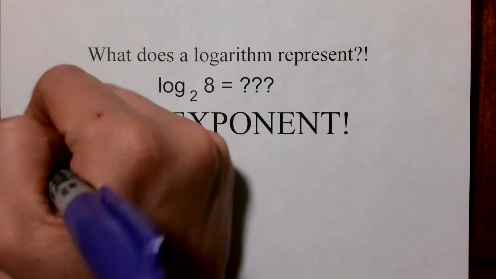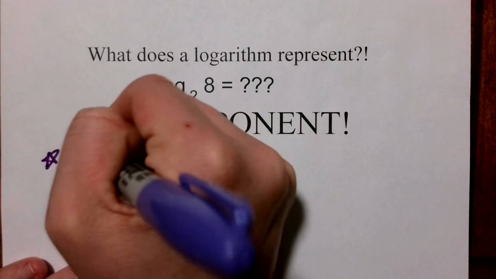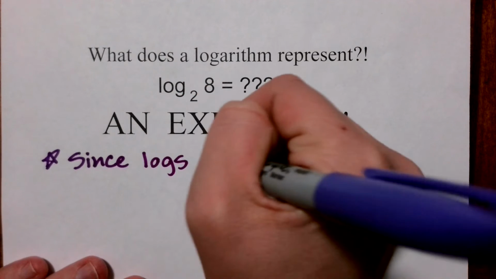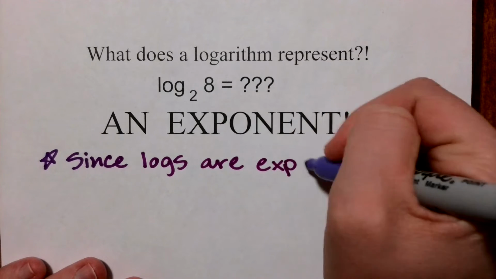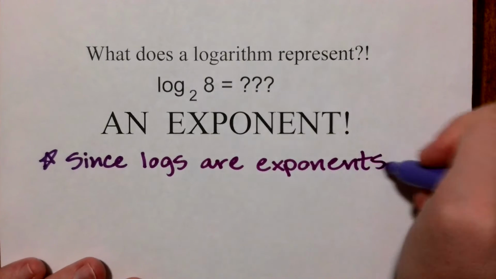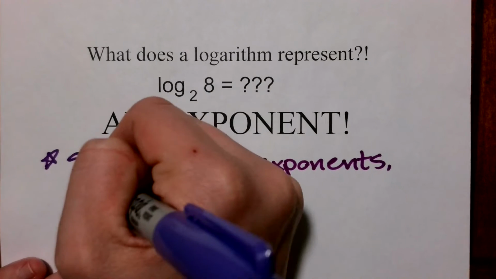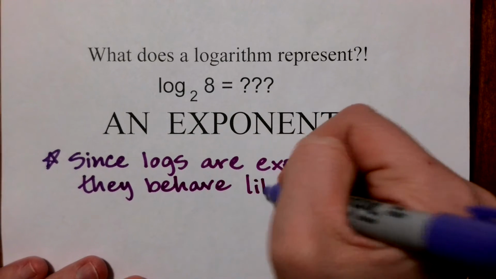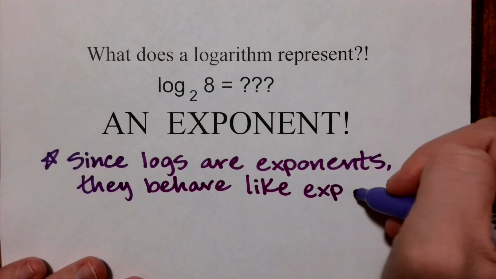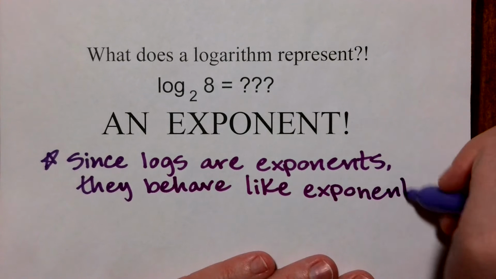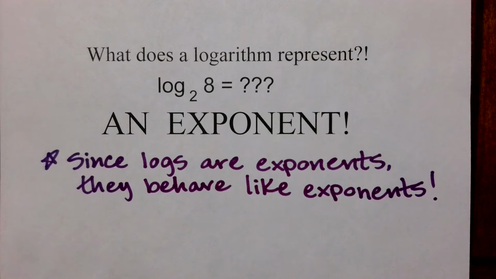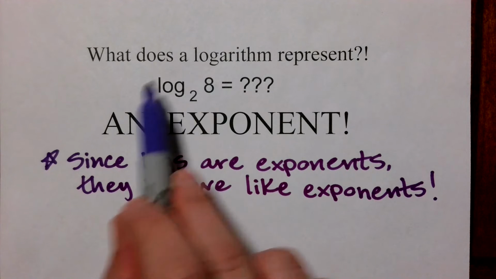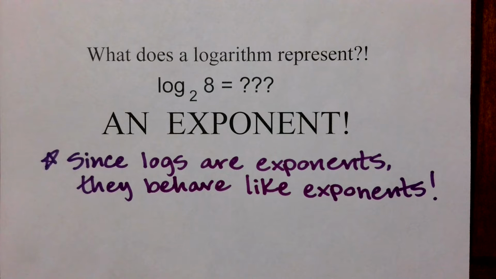So really important here: since logs are exponents, they behave like exponents. You'll see what I mean in a minute, but our rules that apply to exponents also apply to logs, because whenever we're answering the question, what is this log, our answer is the exponent of 3.